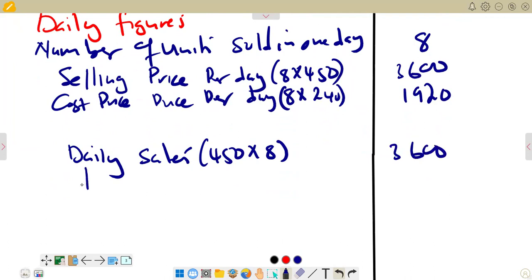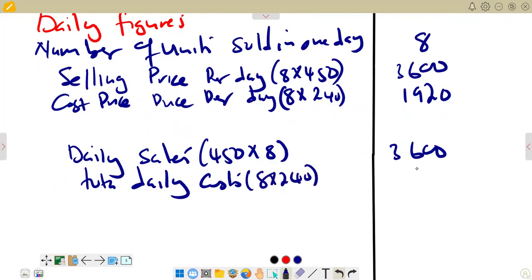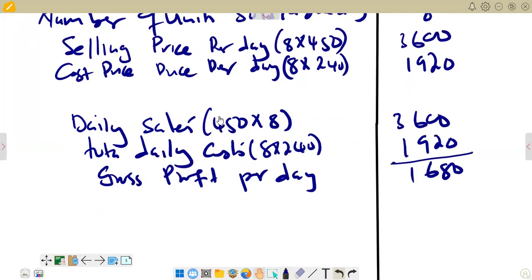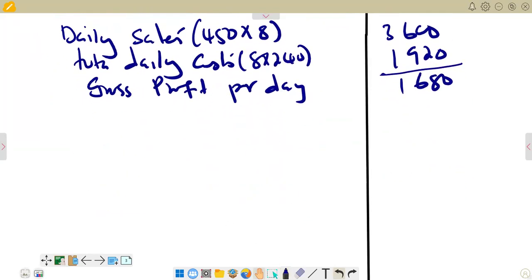Our total daily costs is 8 times 240, which is 1,920. If we subtract 3,600 minus 1,920, we get 1,680. This represents the gross profit per day. As simple as that.